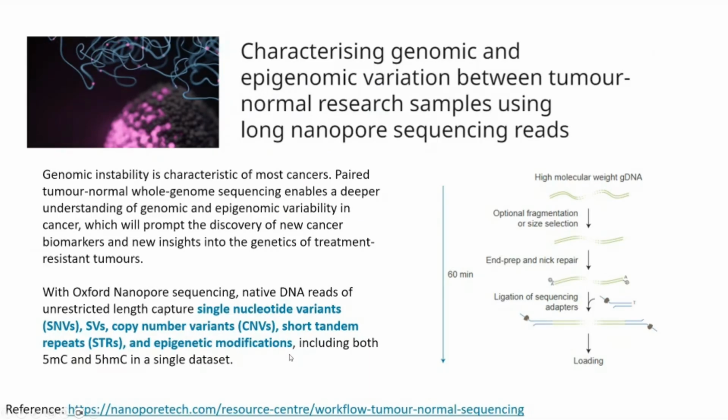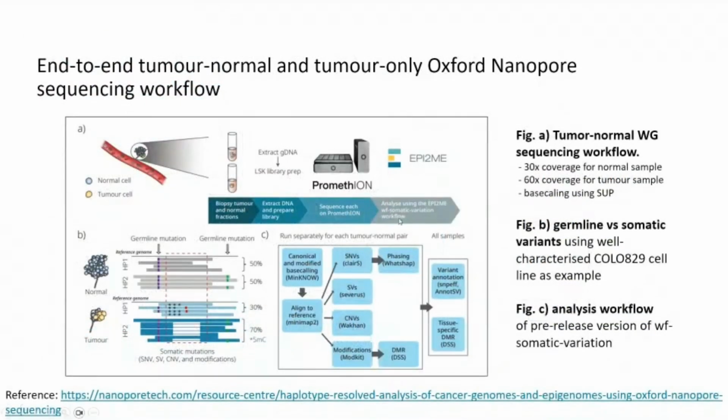So it's one set of data, one sequencing run. We are measuring multiple omics information for the same samples. Normally we will be using the ligation sequencing kit to do so. More details are shown in this picture.